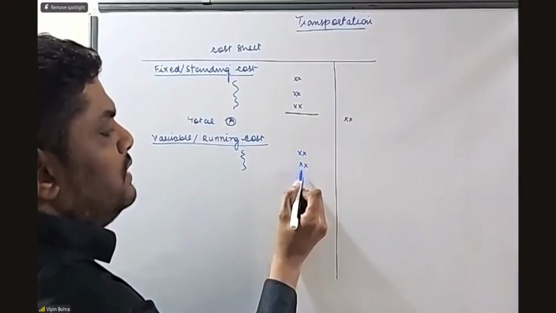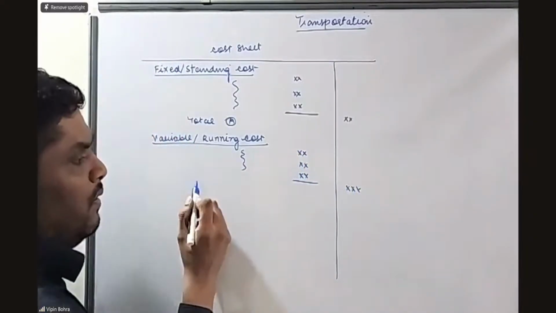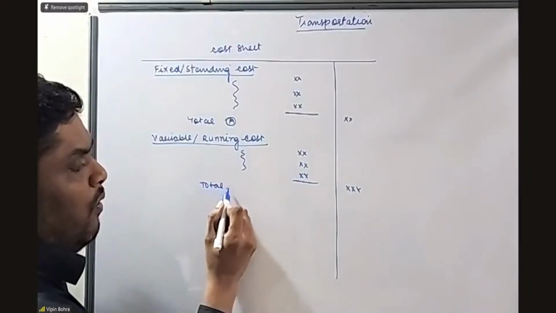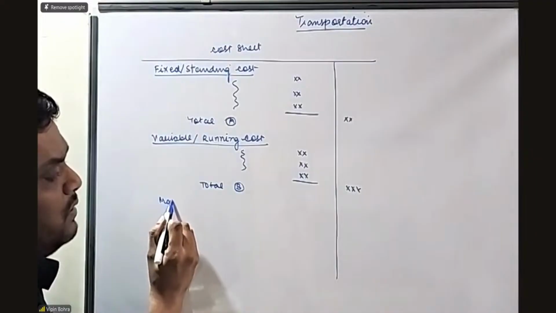Whatever the variable cost, we'll write the total. And last is the maintenance cost.